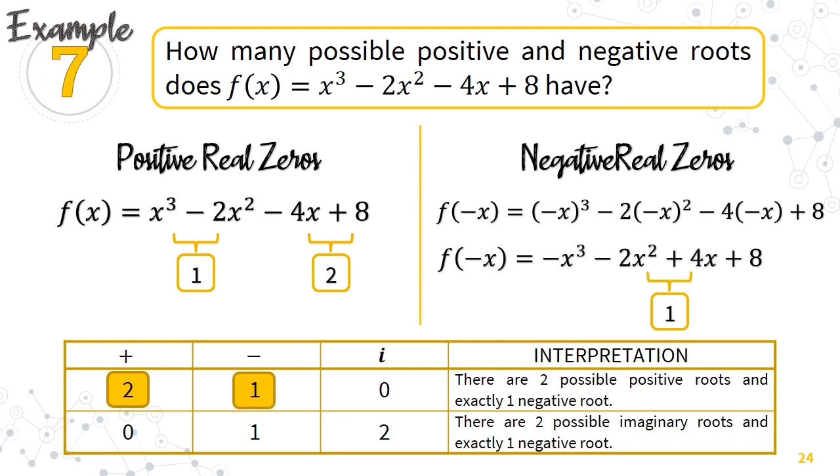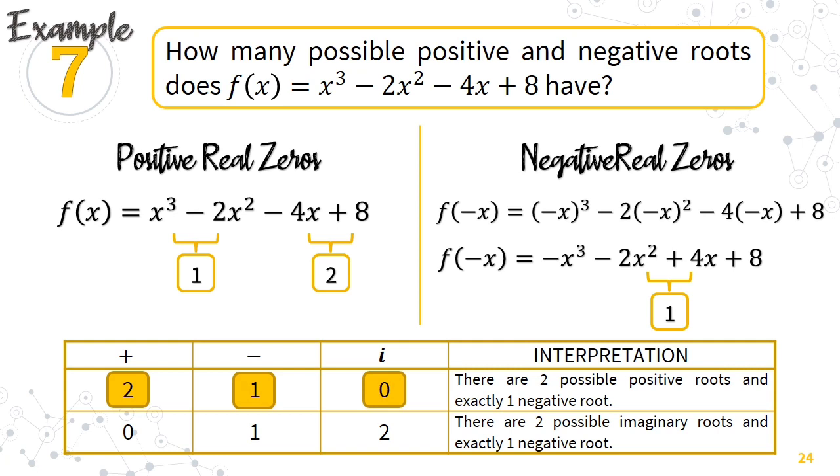The possible positive and negative roots of the given function are 2 positive roots and 1 negative root. Since these 2 already sum up to 3, which reflects the degree of the polynomial, there will be no imaginary root for the given function.